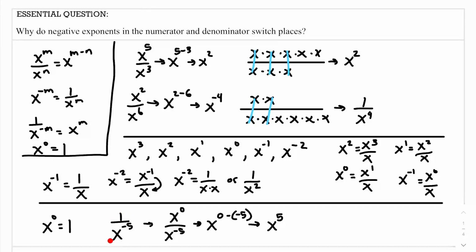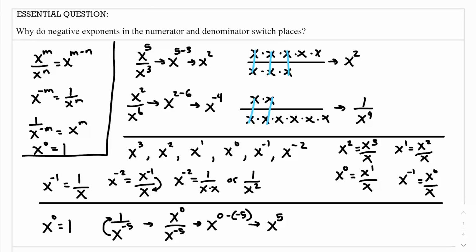We started with 1 over x to the negative 5th. By applying our quotient rule, we get to x to the 5th. So then we can look at that to explain our negative exponent rule, that if a negative exponent is in the denominator, we can move that up to the numerator.